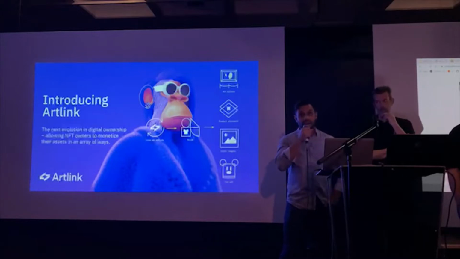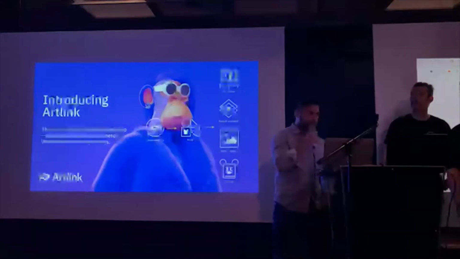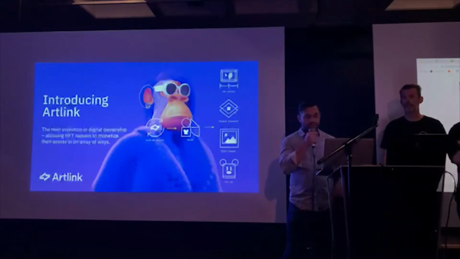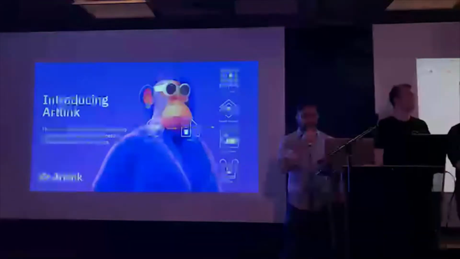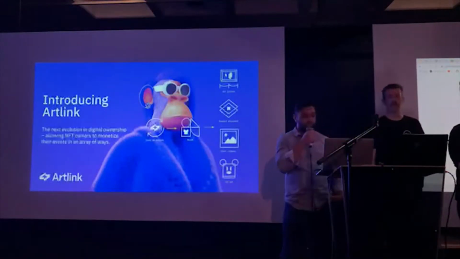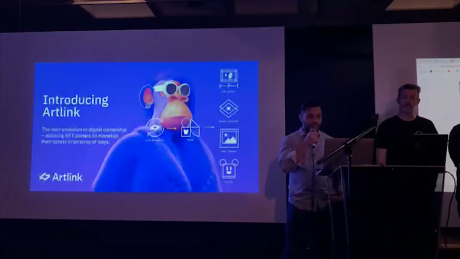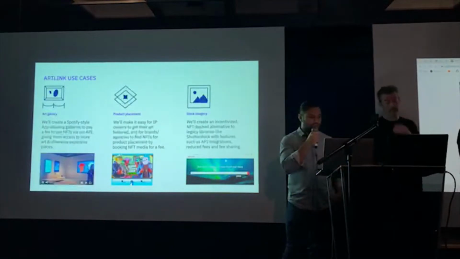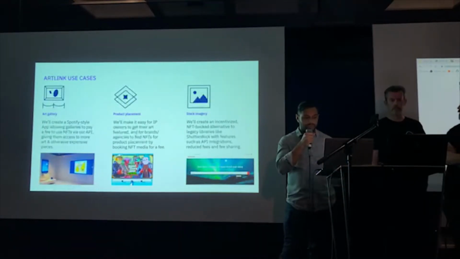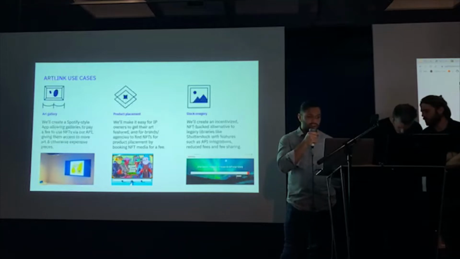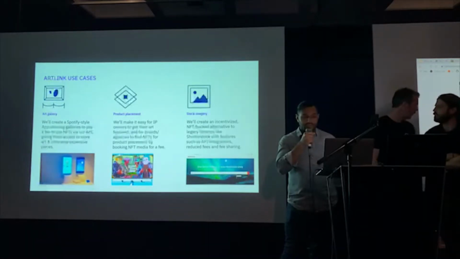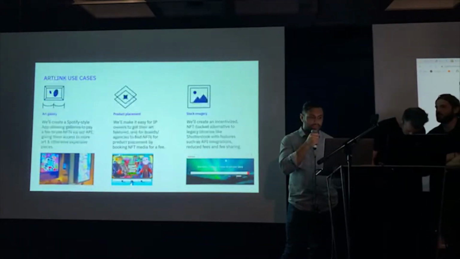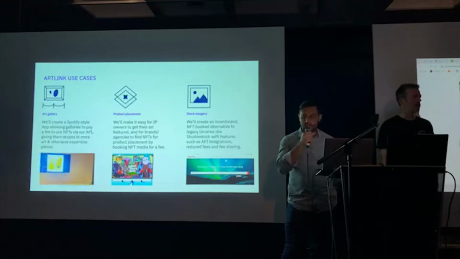So Artlink aims to unleash the potential of NFTs out into not only the physical world, but also in other mediums such as advertising, product placement, and even cartoons/movies. So in terms of our use cases, as I mentioned, we're targeting a few main use cases around enabling art galleries to rent/license NFTs for use in their galleries, making it easy whilst paying the owner of the NFT.